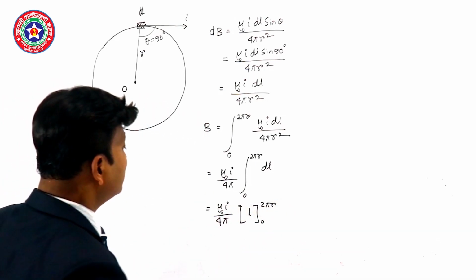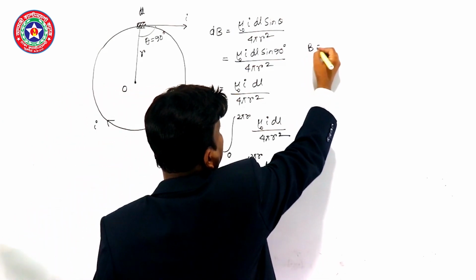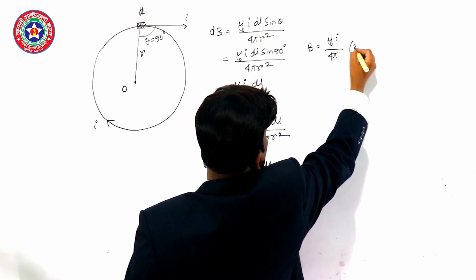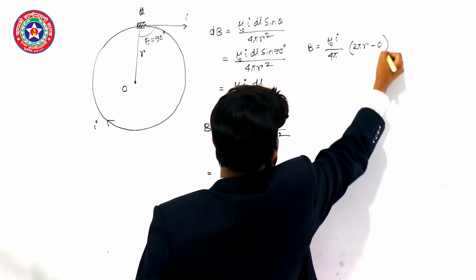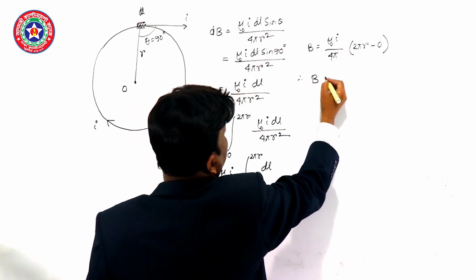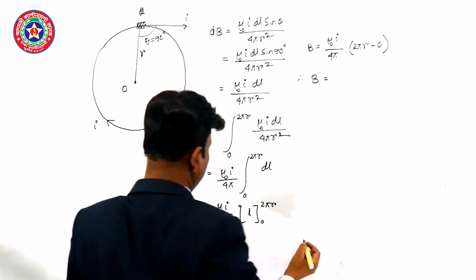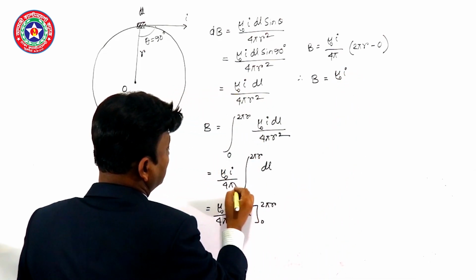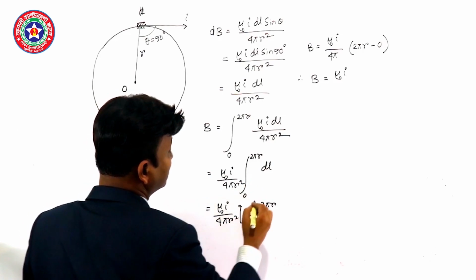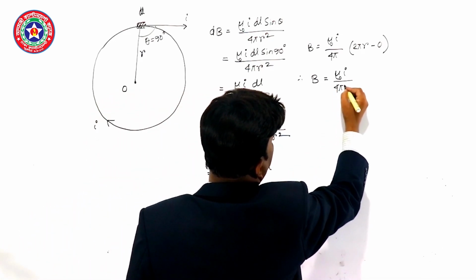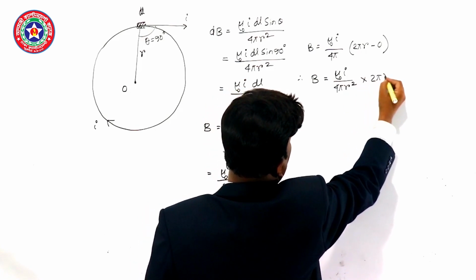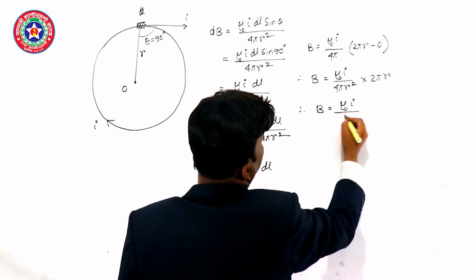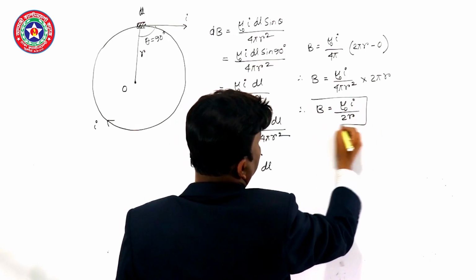Now putting the lower limit and upper limit, we get B equals, first we put the upper limit 2πr minus the lower limit, and finally we get B equals μ₀ I by 4π r² into 2πr, and B is μ₀ I divided by 2r.